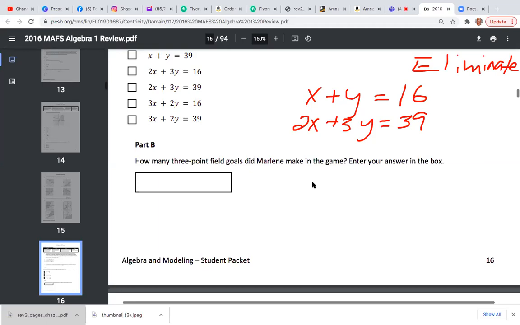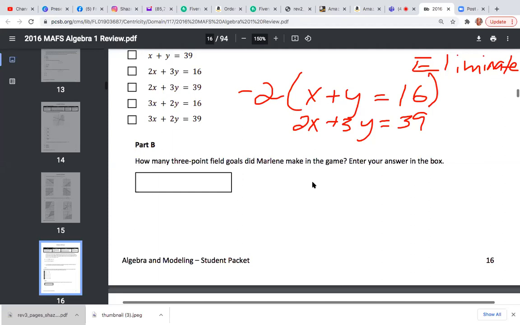So to eliminate x, I'm gonna have to multiply the first equation by -2. I hear your question. Why -2? Because I want the numbers in front of x to be the same with opposite signs. And if I multiply one term by -2, I have to multiply the entire equation by -2, guys.